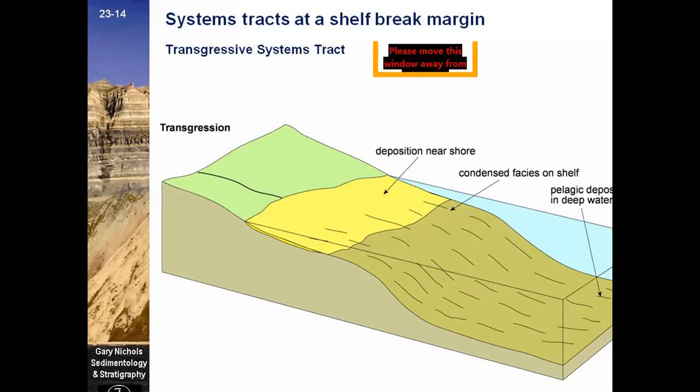The sediment supply will be accommodated in the shelfal part mostly, with some in the slope part. And in the deep water, pelagic sediments will be deposited, very fine grain deposits.